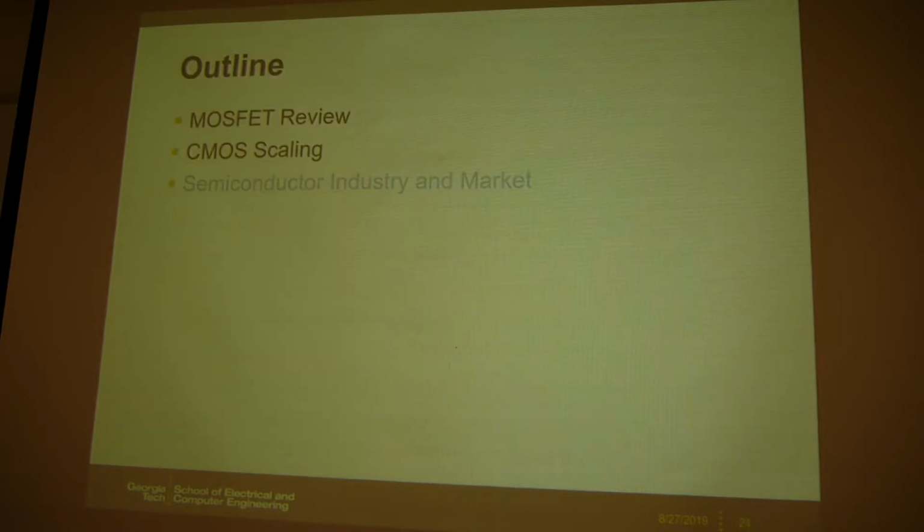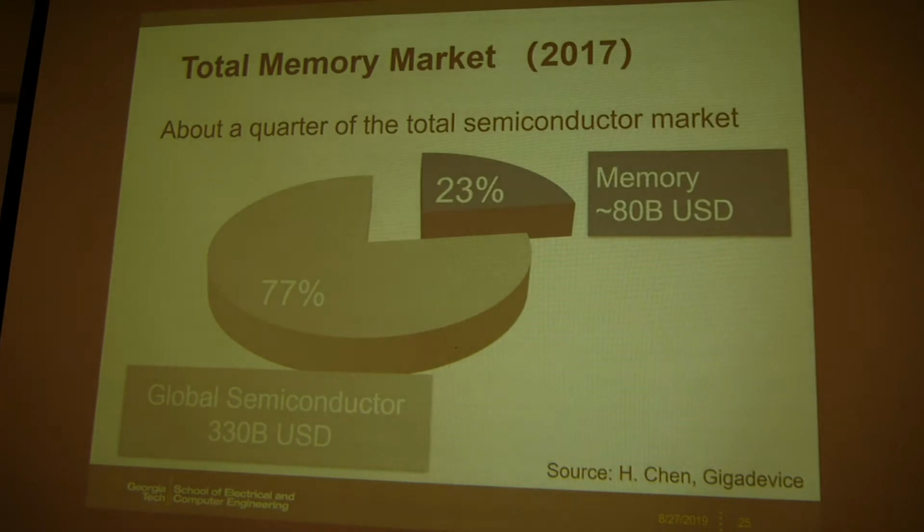And then let's look at the industry. This is just for your information, it's not very technical. If you look at our semiconductor industry, and I think this is 2017, the total global market is like 330 billion in one year.